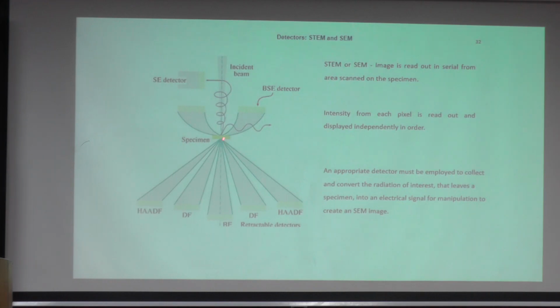They can also record different types of signals from the specimen, and there are some backscattered electron detectors which are located above the specimen, but not so many systems have this. You can use it, and the signal will be maybe the same as in the case of a scanning electron microscope.